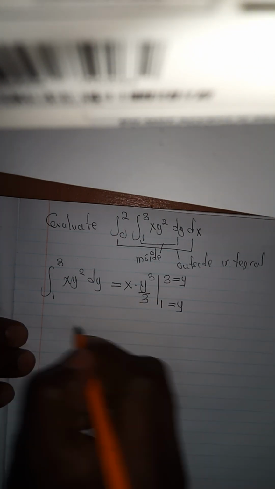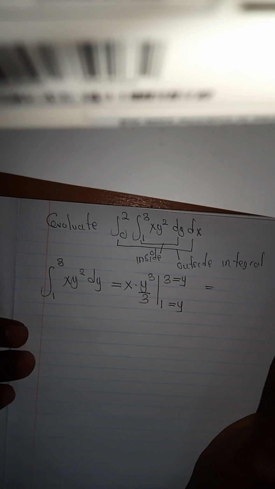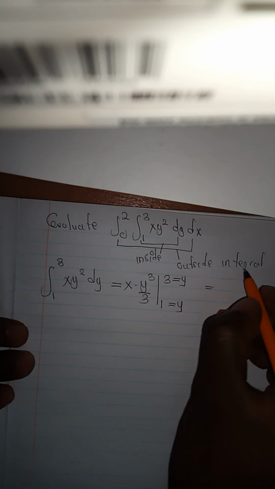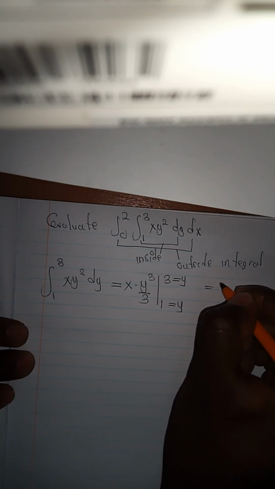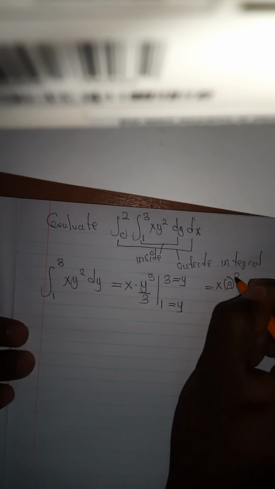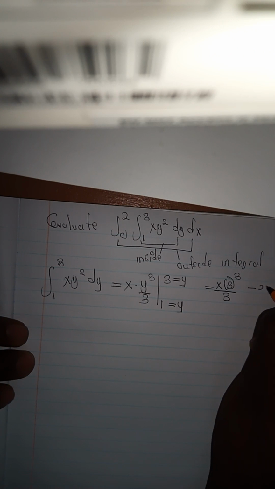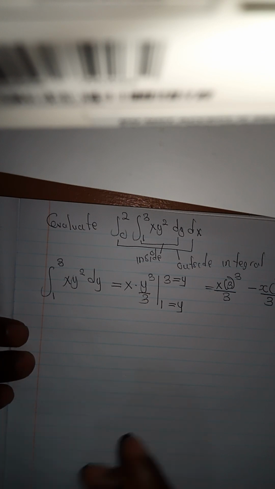And then when we are here, you can substitute y with 3, and then you subtract 1. We are going to have x, and when there's y, you replace with 3 to the power 3, all this over 3, minus x, then when there is y, you put in 1 to the power 3, all this over 3.